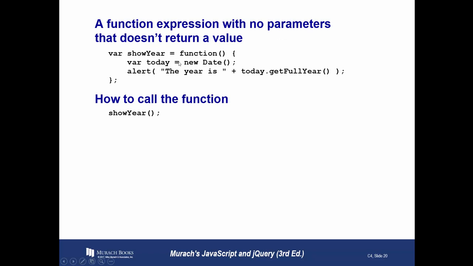So what we're doing right here is we're writing a function that's anonymous because it doesn't have a name. It'll create a date object, and it'll give us an alert that says the year is, and it'll say, for example, 2018. And then it takes that function and puts the function itself into a variable.